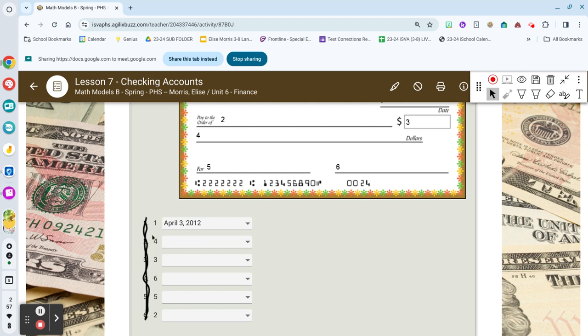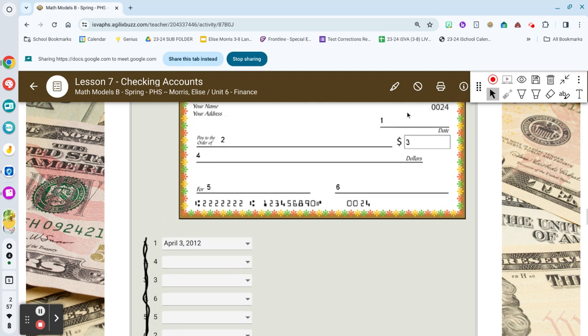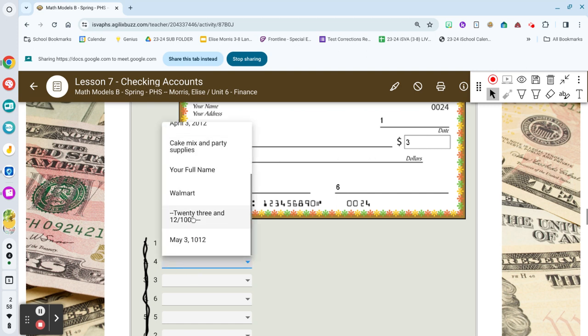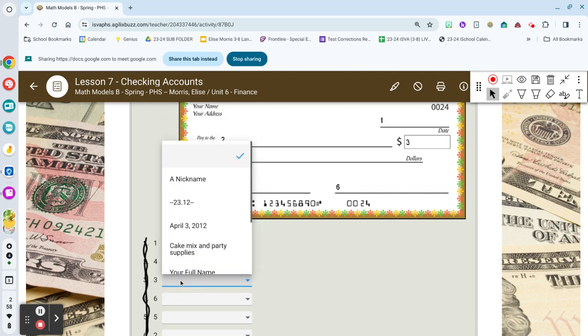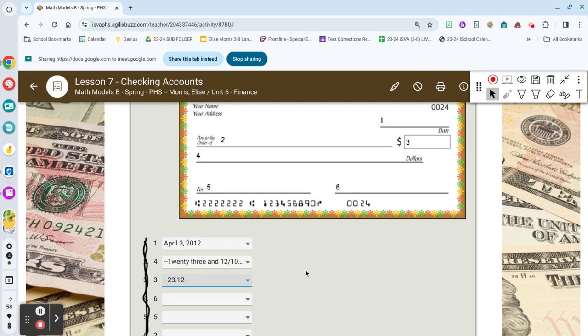Okay, so they want, the first one here, that's the date. Number 4 is the words written out like that. Number 3 is the numeric value, 23.12. Number 6 is the signature.